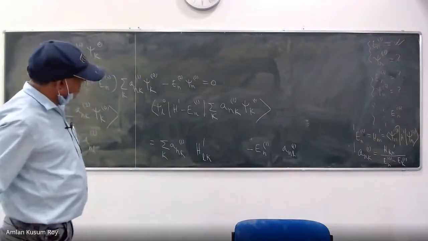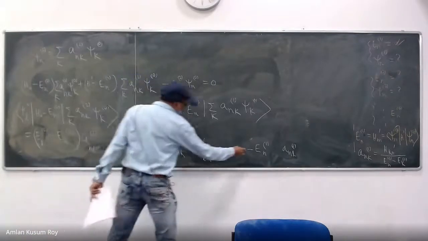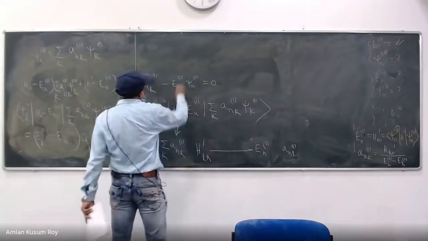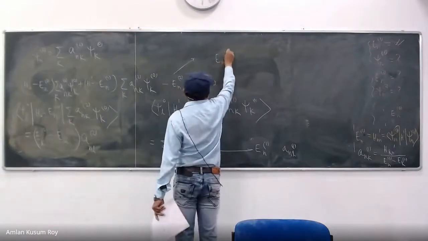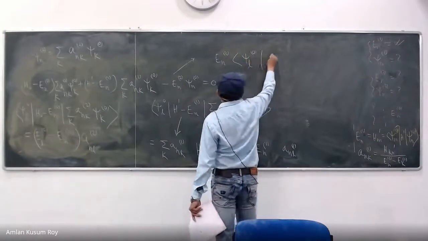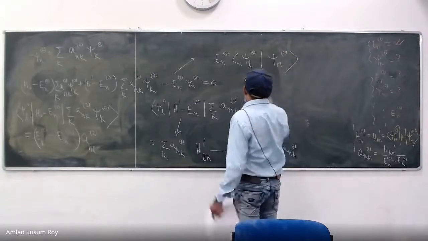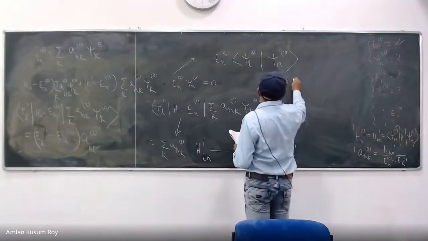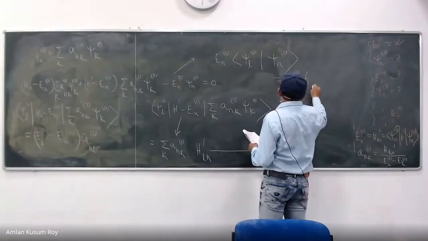From this we get these two terms, and I am left with only this. What is happening? You have E_N^2, pre-multiplied by ψ_L^0 ψ_N^0, right? So you got E_N^2 δ_LN.